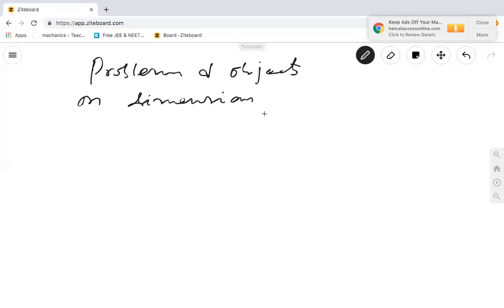So I will try to avoid questions on units in any way. Problems and objectives on dimensions. When I start doing problems on dimensions, it will include your problem also, what you have there in your S.C. Verma. Good. Very nice. I have S.C. Verma here with me.